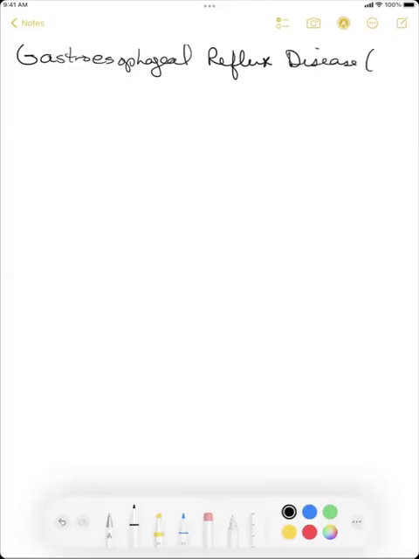It is referred to as gastroesophageal reflux disease. You can just call it GERD, so that you don't have to keep saying it.